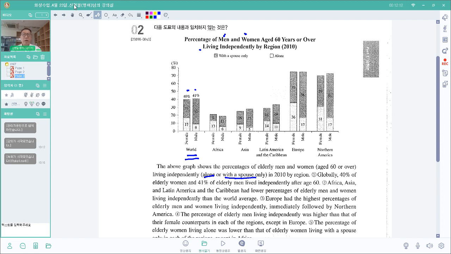And Africa, Asia, and Latin America and Caribbean had lower percentage of elderly men and women living independently than the world average. So we have Africa, Asia, and Latin America and Caribbean have a lower rate than globally. So they are all located lower than the global, which is correct.